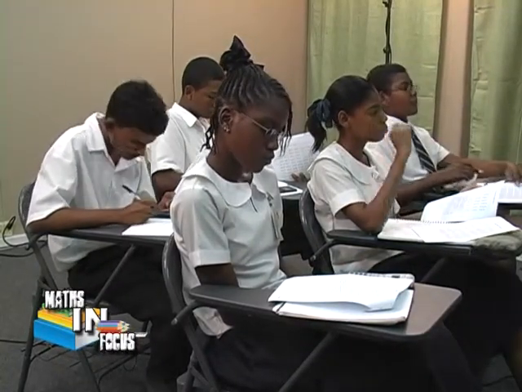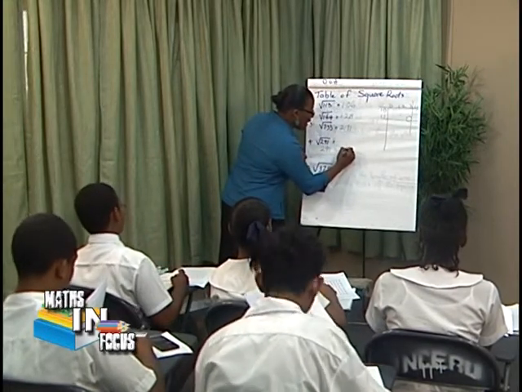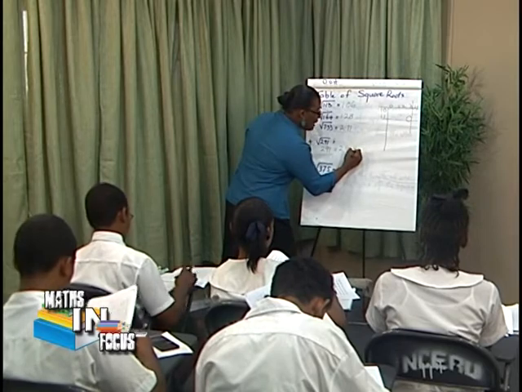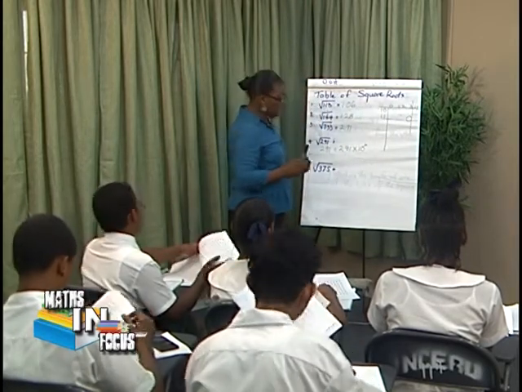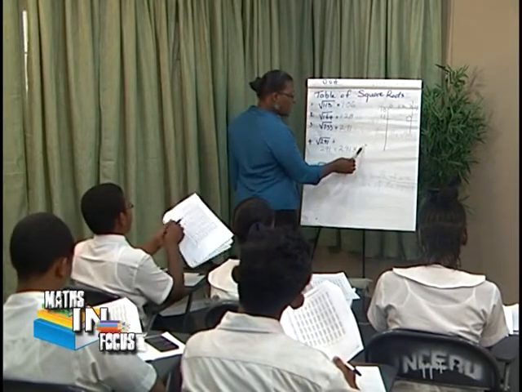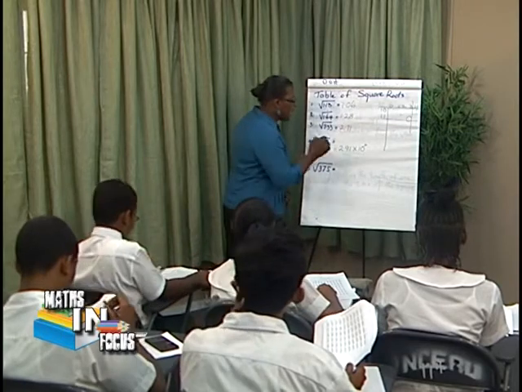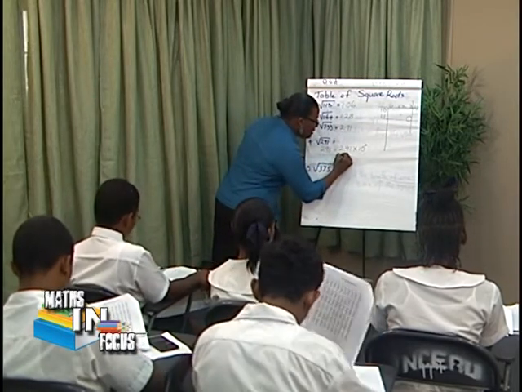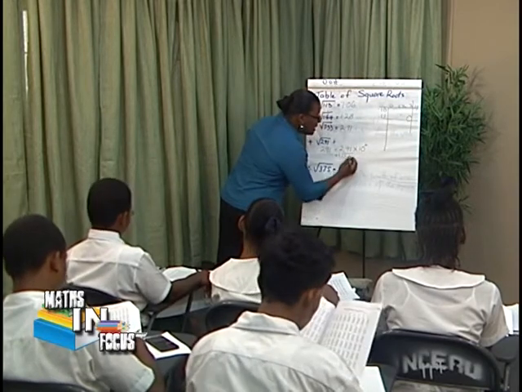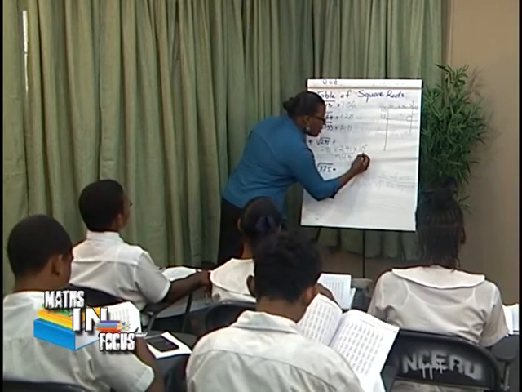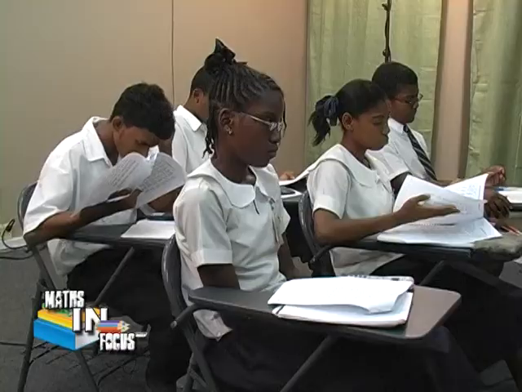So 291 in standard form would be 2.91 multiplied by 10 squared. Because remember, this little 2 tells us how many places we must move the point. Good? Now, we're going to find the square root of 2.91, and then we're going to find also the square root of 10 squared, which is 100.